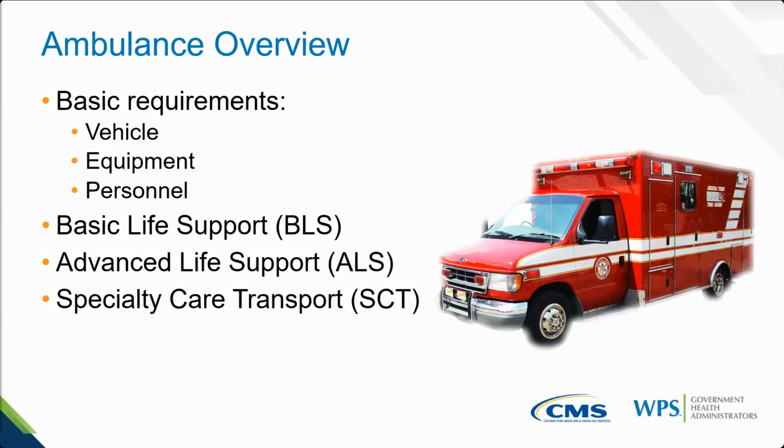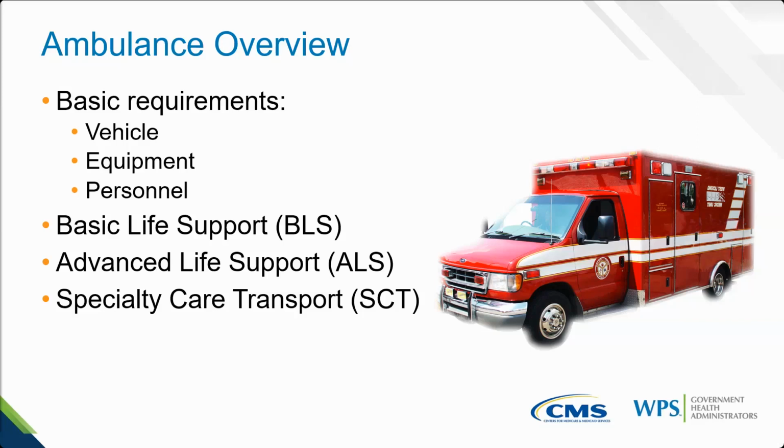I want to start with a brief overview of ambulance suppliers. Ambulance suppliers must meet certain basic requirements regarding their equipment and their personnel. The vehicle has to meet certain requirements, the equipment on that vehicle has to meet certain requirements, and the personnel requirements vary based off of the type of ambulance service that you have.